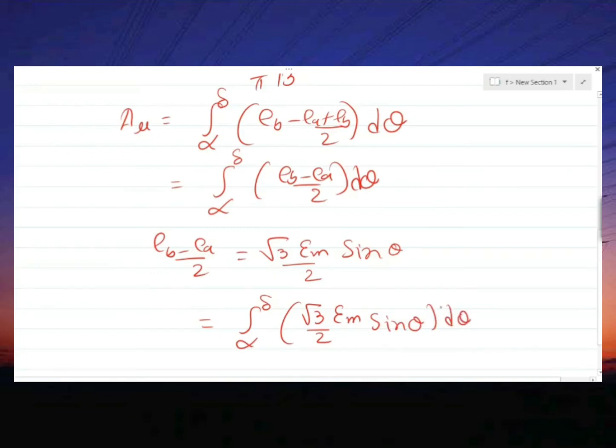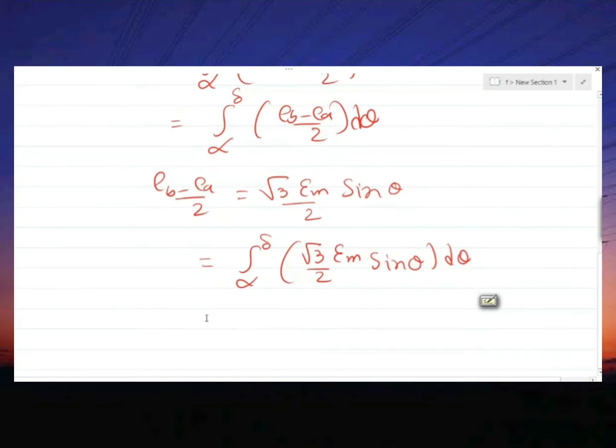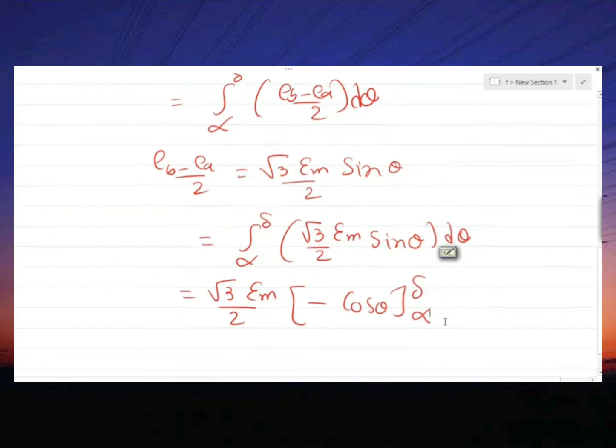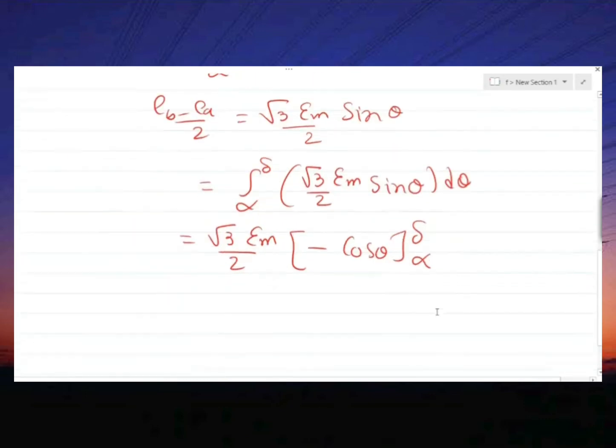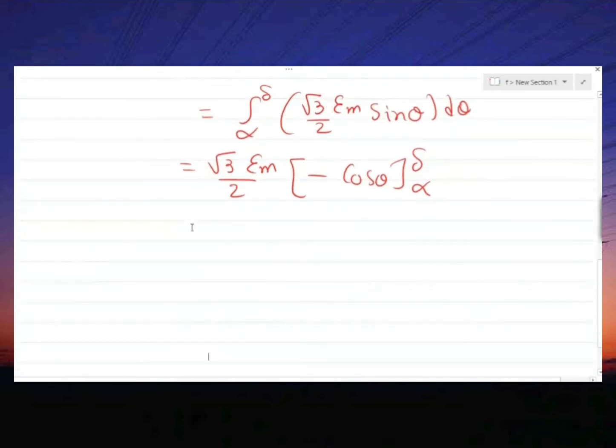Now here root 3 Em by 2 is a constant. So by taking it outside, it is root 3 Em by 2, and the integration of sin is minus cos, so minus cos theta from alpha to delta. Now put the value of upper limit and lower limit, you will get the value of mu.